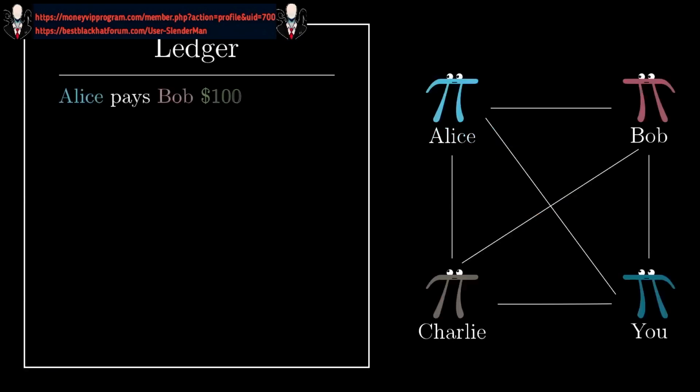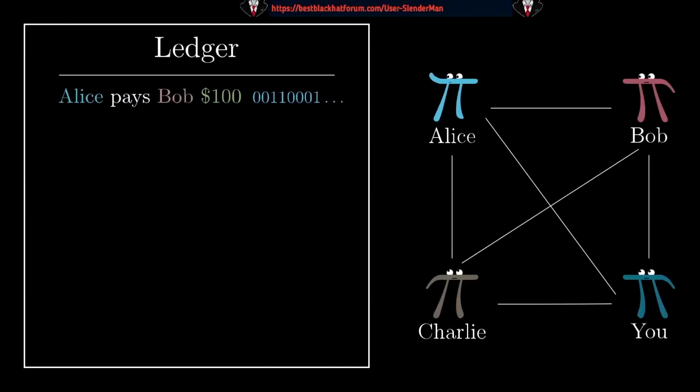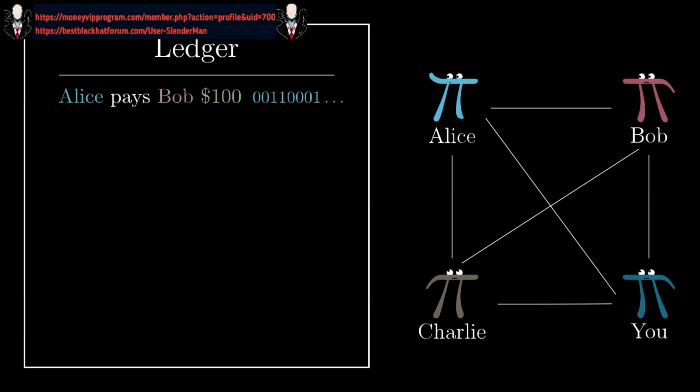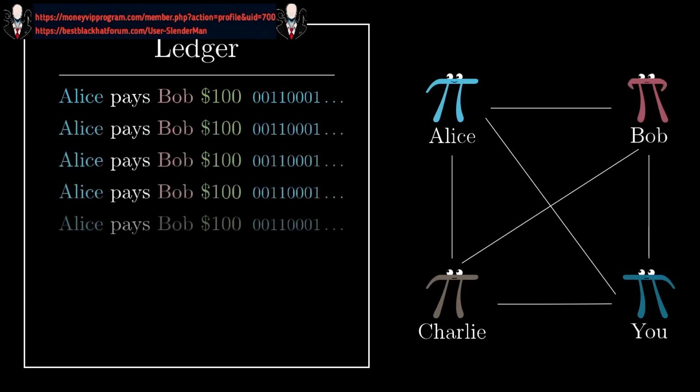Now, making sure that people sign transactions on the ledger is pretty good, but there's one slight loophole. If Alice signs a transaction like Alice pays Bob $100, even though Bob can't forge Alice's signature on a new message, he could just copy that same line as many times as he wants. I mean, that message-signature combination remains valid.